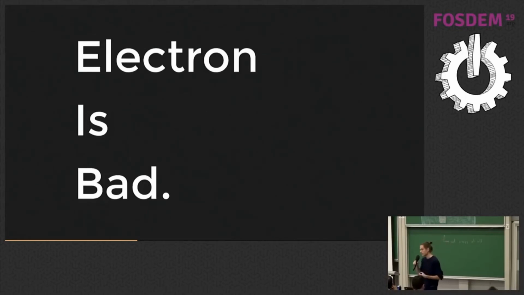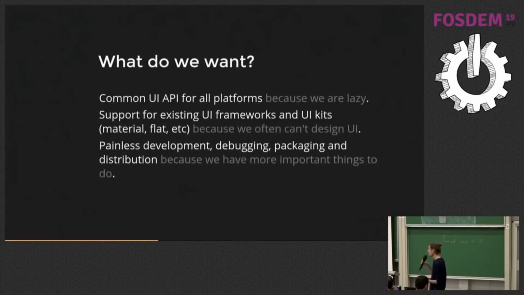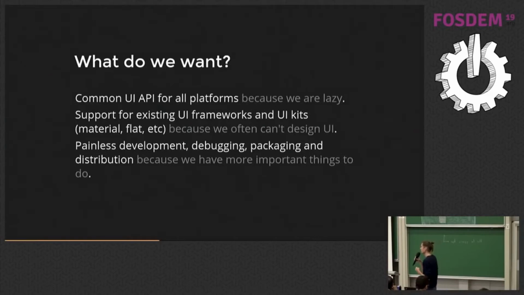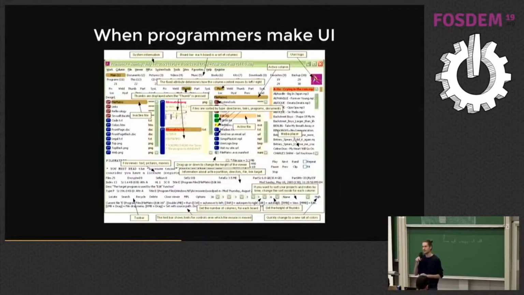So Electron does some really good things, and especially I would say Electron allows you to use existing UI kits and UI frameworks, because over the years there have been lots of HTML5 templates and kits that you can just take and use. And as a matter of fact, if you remember how programmers were creating user interfaces in the past, that's something that we really do badly.